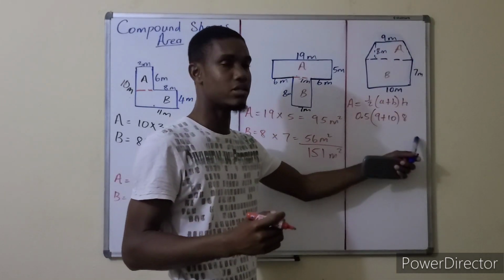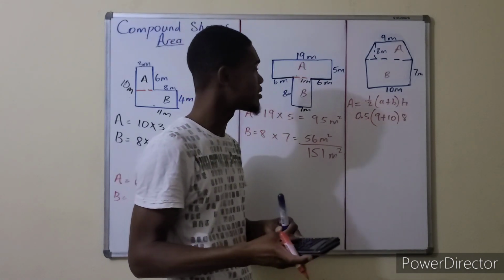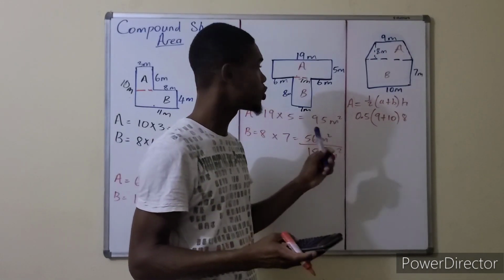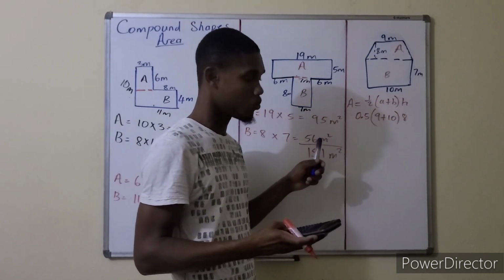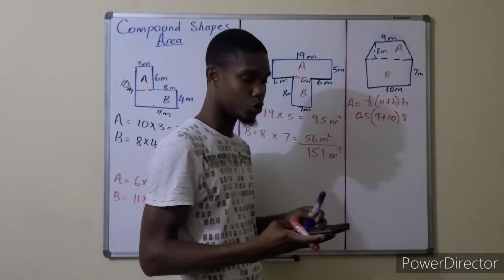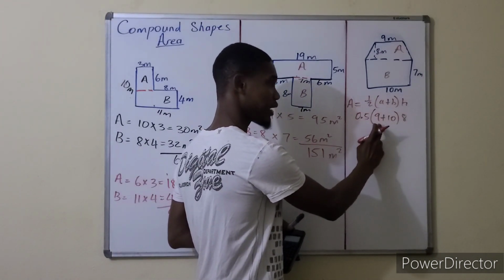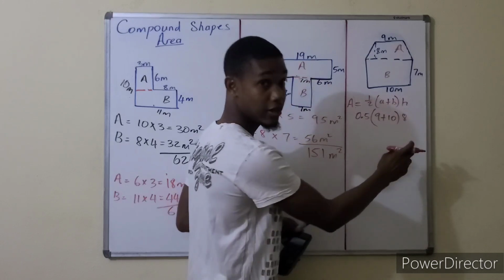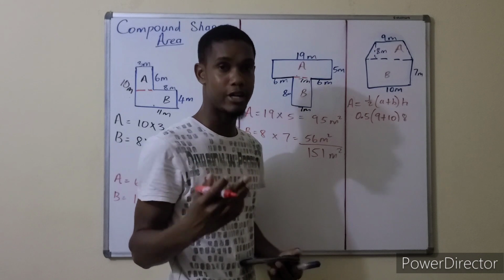Now that you have these, if you're using a calculator, you can simply type it in, and you should always type it in the way that it is written. If you put 0.5 times 9 plus 10 times 8 without the brackets being there, you're going to get a different answer.